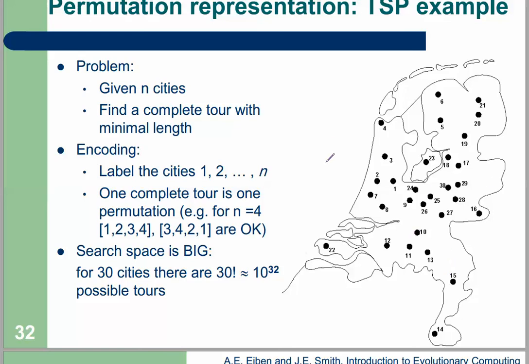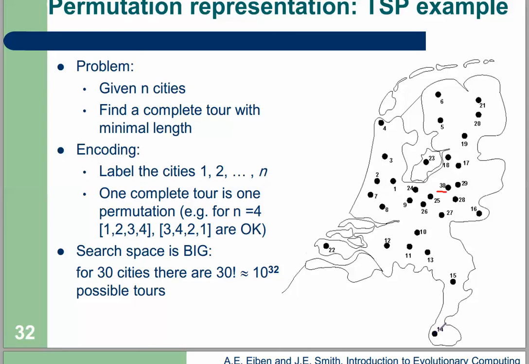For example, the postman should send mail to these locations, for example 1, 2, 3, up to 30. The best route is the way that he can send the mails to the destinations with a minimum distance.